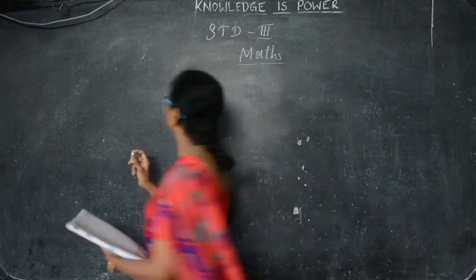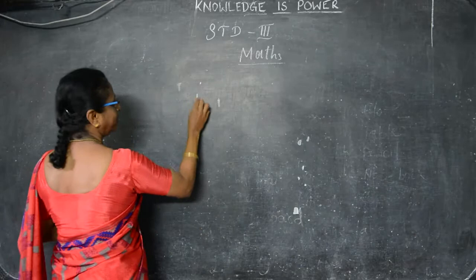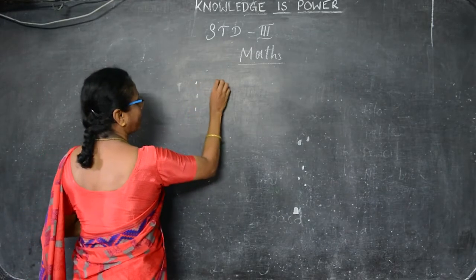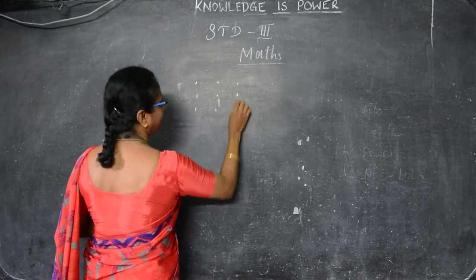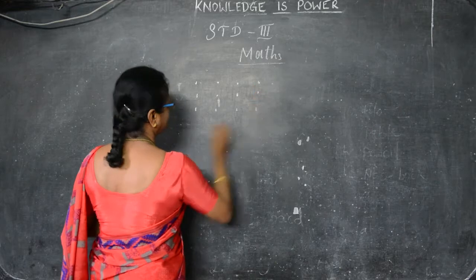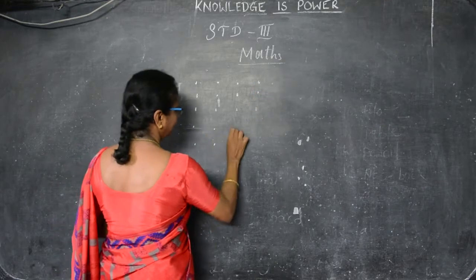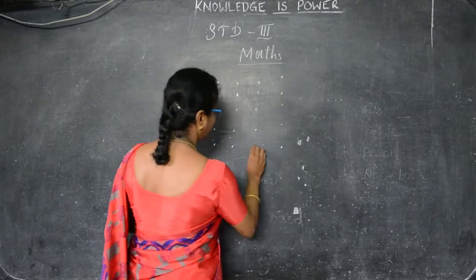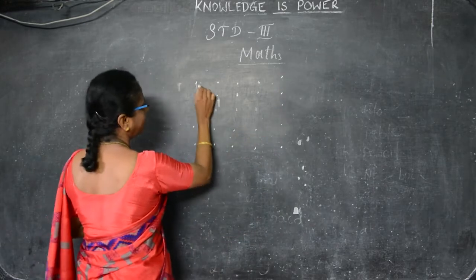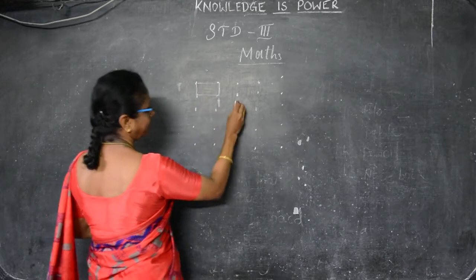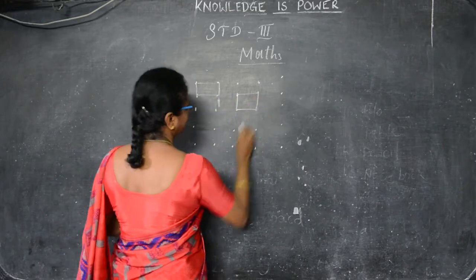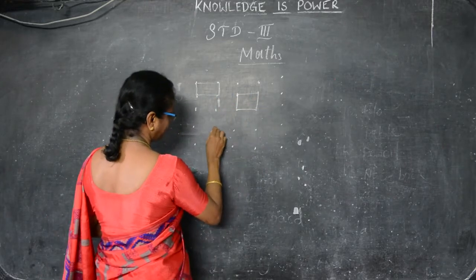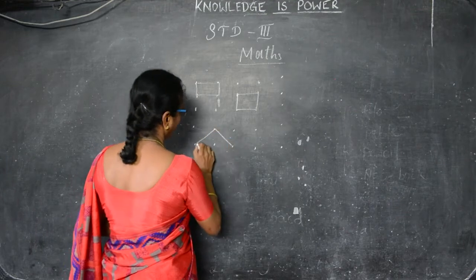That is, they will give the dots. If I give the dots like this, you can join these dots and make the shapes: square, rectangle and triangle. So now you can draw a square, a rectangle and a triangle.